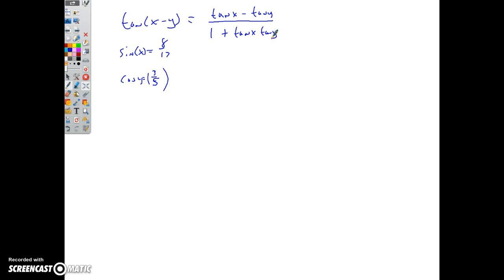So, I'm going to figure out what tangent of x is. The only thing I know about x is that it's 8/17, right? So what can I do to figure out what tangent would be of that same angle? Pythagoras? Yes. I would sketch a little triangle down here and put a little x down here. What do I know about this triangle? Opposite is 8, and its hypotenuse is 17. How do I figure out what this side down here is?